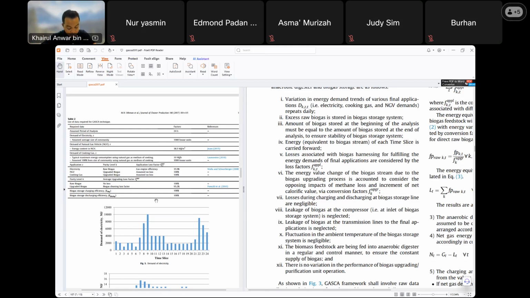Assumption 7, losses during charging and discharging at the biogas storage plant are negligible. Leakage of biogas at the compressor is neglected. Leakage of biogas at the transmission line is neglected. Fluctuation in the ambient temperature of the biogas storage system is negligible.